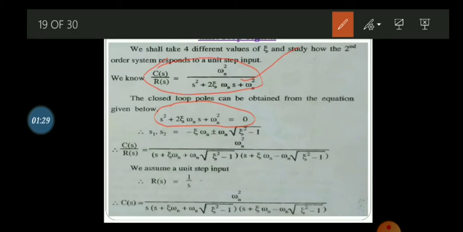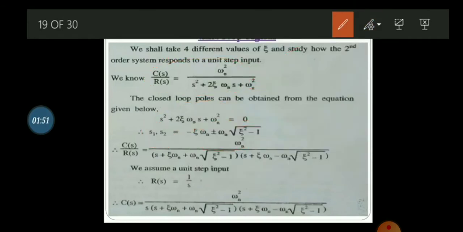So we will get two poles, S1 and S2, which are minus zeta omega_n plus or minus omega_n square root of zeta^2 minus 1. These are the two poles of the transfer function of the second order system.